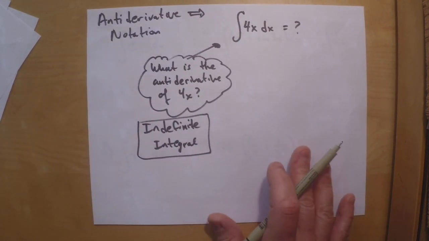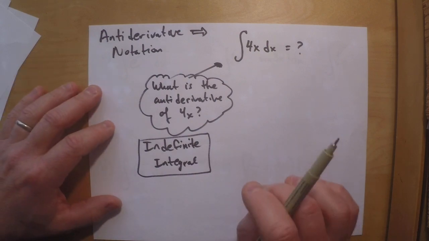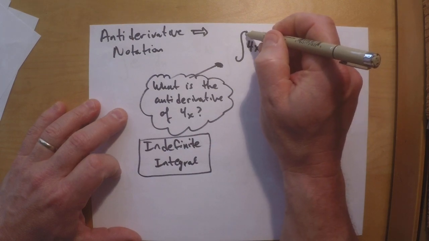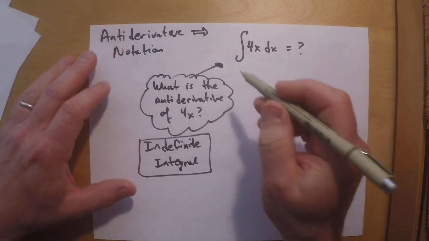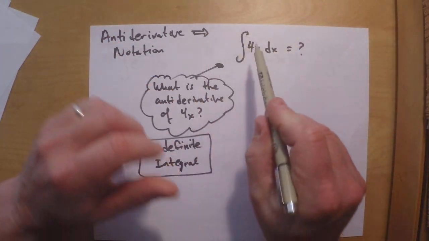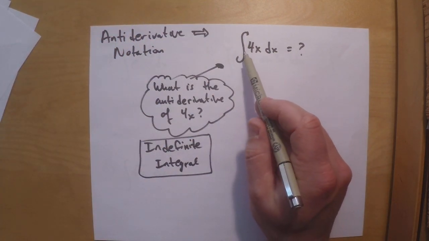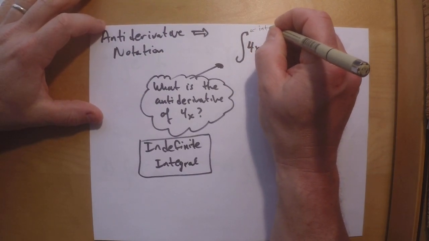Now, interesting notation for this. So here's the notation that has come over time to denote antiderivative. If someone writes, it looks like a long elongated S. Almost looks like if you had a violin, like some of the violins, the front of the violin has that shape carved out of it where the sound comes out of. Just coincidence that it's like that, but it kind of has that look to it. This is called the integral symbol.